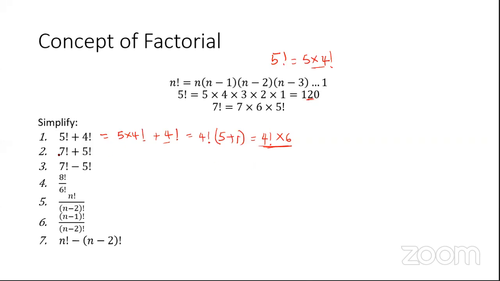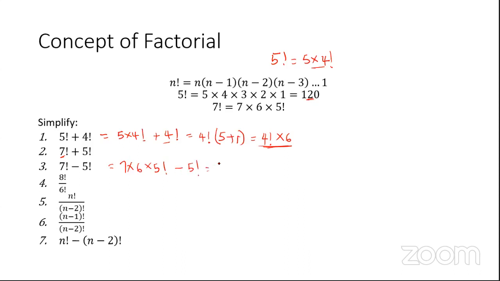It could also be 7 factorial plus 5 factorial. So you should be able to do that too. Just break whichever is greater down to the level of the smaller. Looking at this one too, 7 factorial minus 5 factorial: 7 factorial is 7 times 6 times 5 factorial, minus 5 factorial.